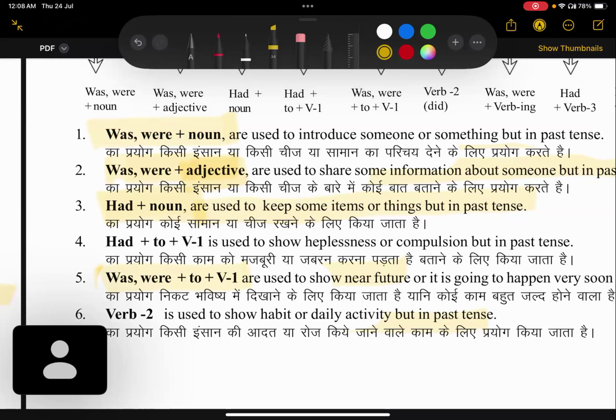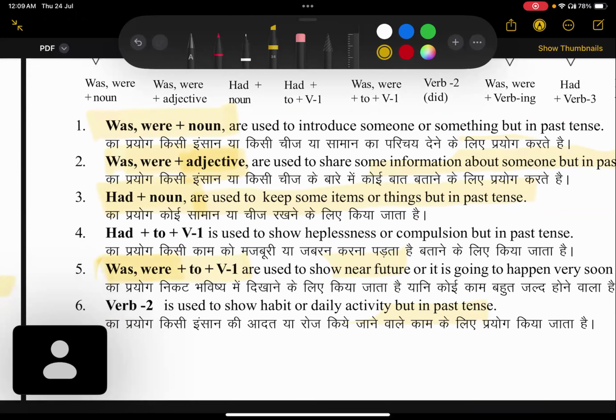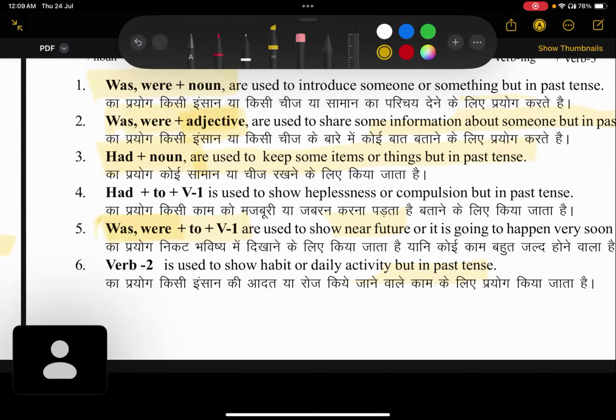Next, I was to teach English. I was to teach English. Okay. I was to take some. The topic is was, were plus to plus verb in first form. Okay.